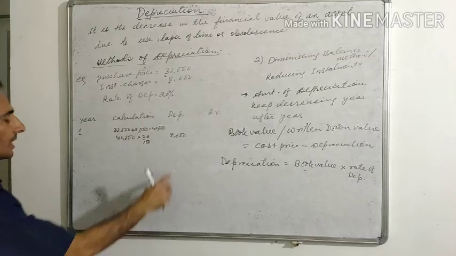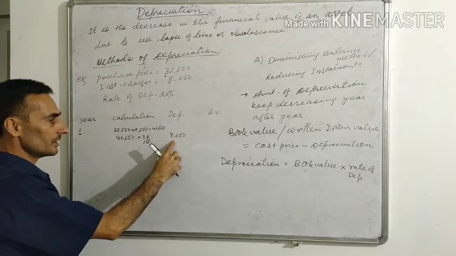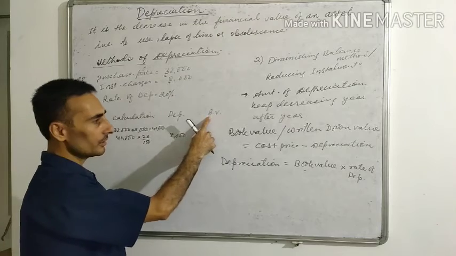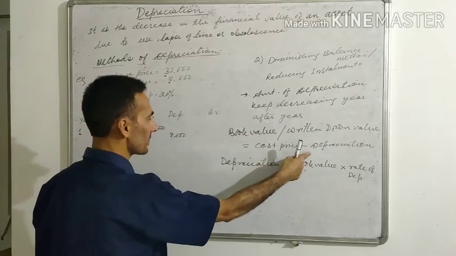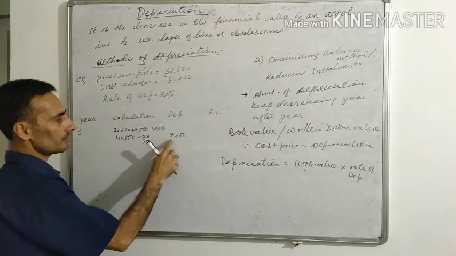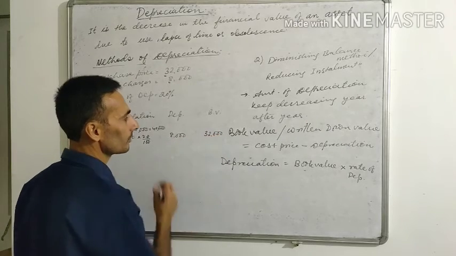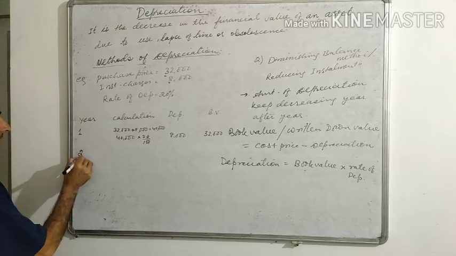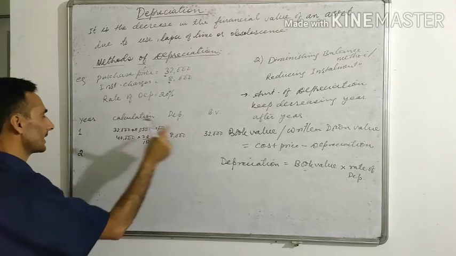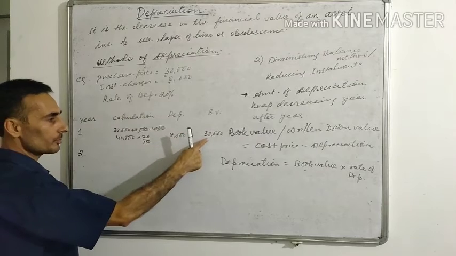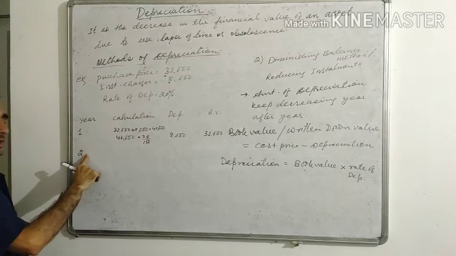Now, since the depreciation is 8,000 and the cost price is 40,000, we need to find the book value here. So book value is cost price minus depreciation. So 40,000 minus 8,000 gives you 32,000. This is your book value at the end of the first year. This is also the book value in the beginning of the second year.